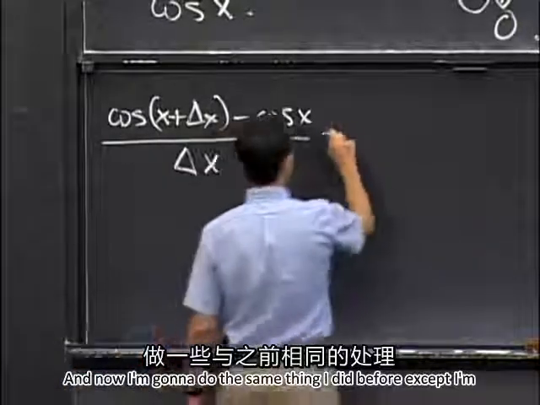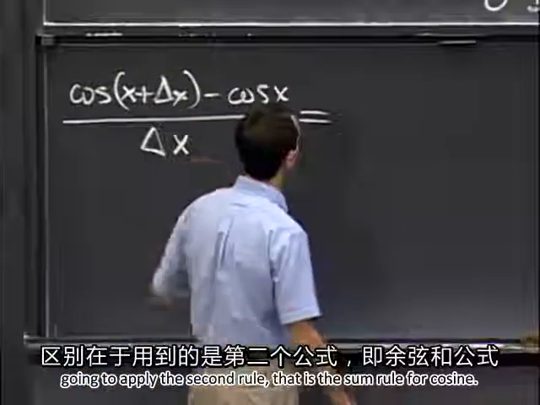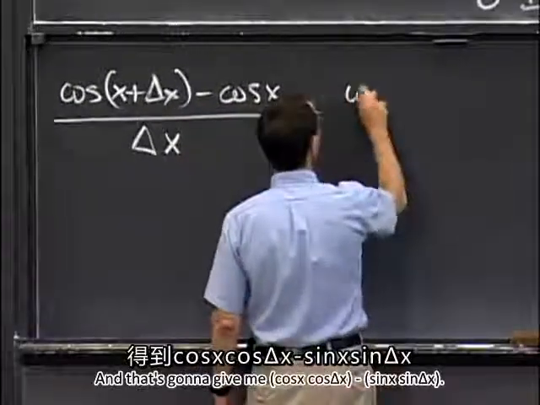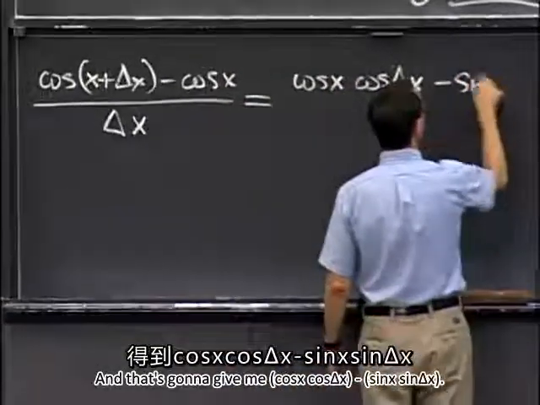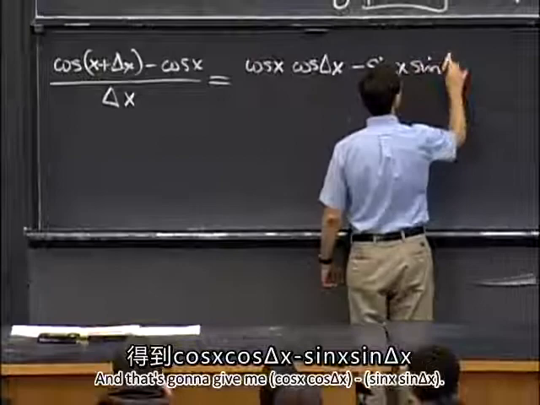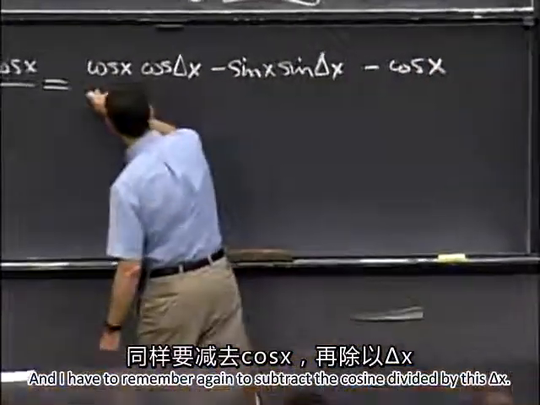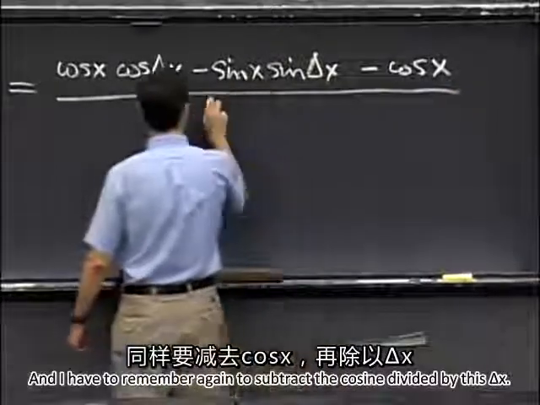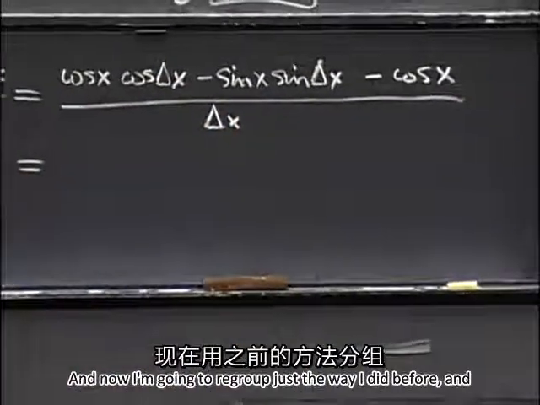And now I'm going to do the same thing I did before, except I'm going to apply the second rule, that is the sum rule for cosine. And that's going to give me cosine x cosine delta x minus sine x sine delta x. And then I have to remember, again, to subtract the cosine x divided by this delta x. And now I'm going to regroup just the way I did before.